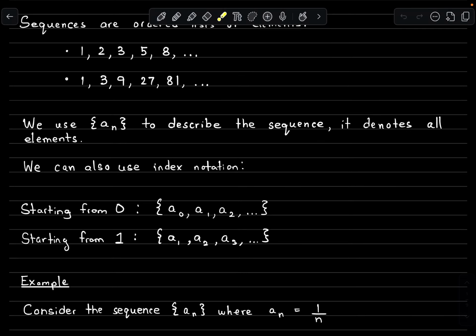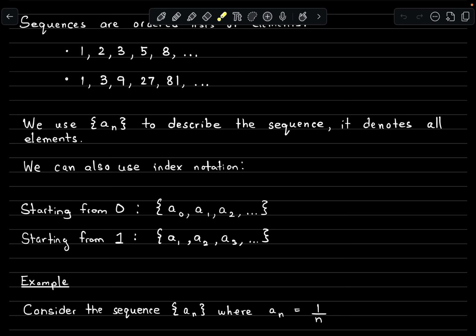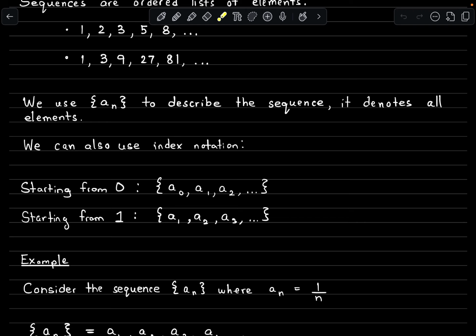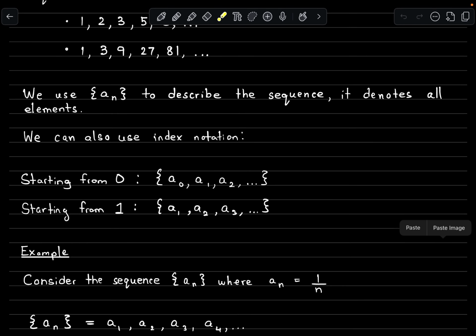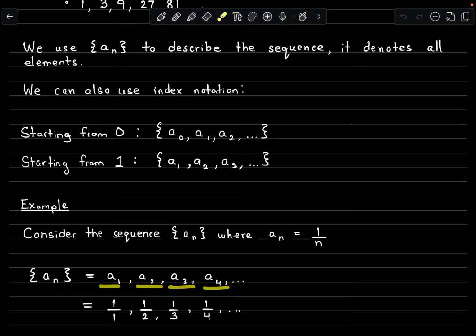Let's look at an example first. Consider the sequence a sub n, where a sub n is equal to 1 over n. This is that exact sort of example I was just thinking of. We're not going to start in this case with n equals 0. If a sub n is defined as 1 over n, let's start with a sub 1, then a sub 2, a sub 3, and so forth.